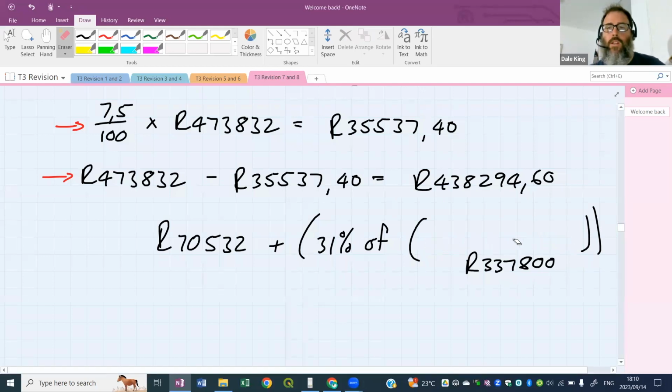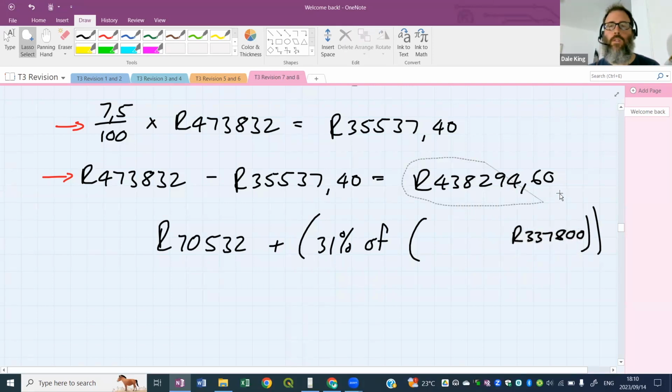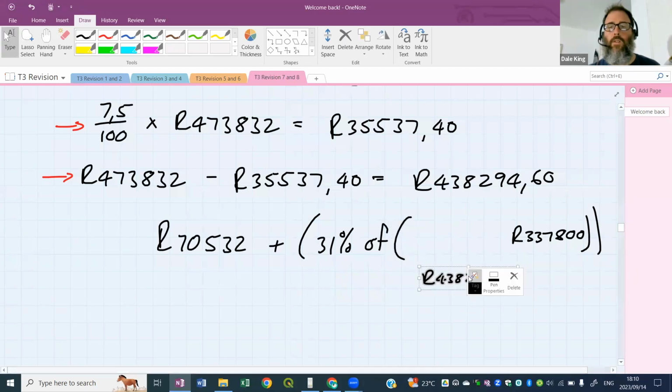So let me just write it in here. Let's put this in here and shrink it a little, and then I'm going to take this and put it in here and shrink it a little to fit it in. There we go. And this will go up here, and we need to subtract them.